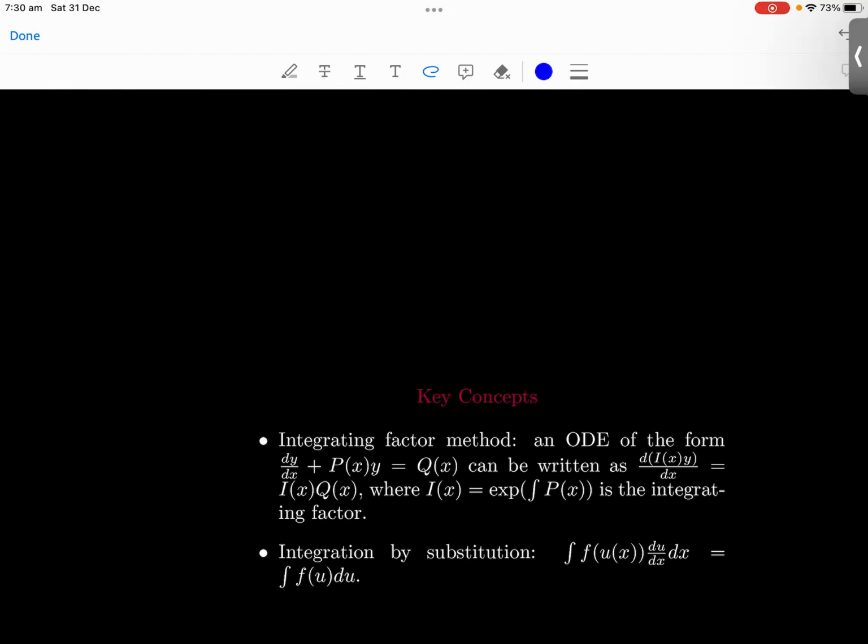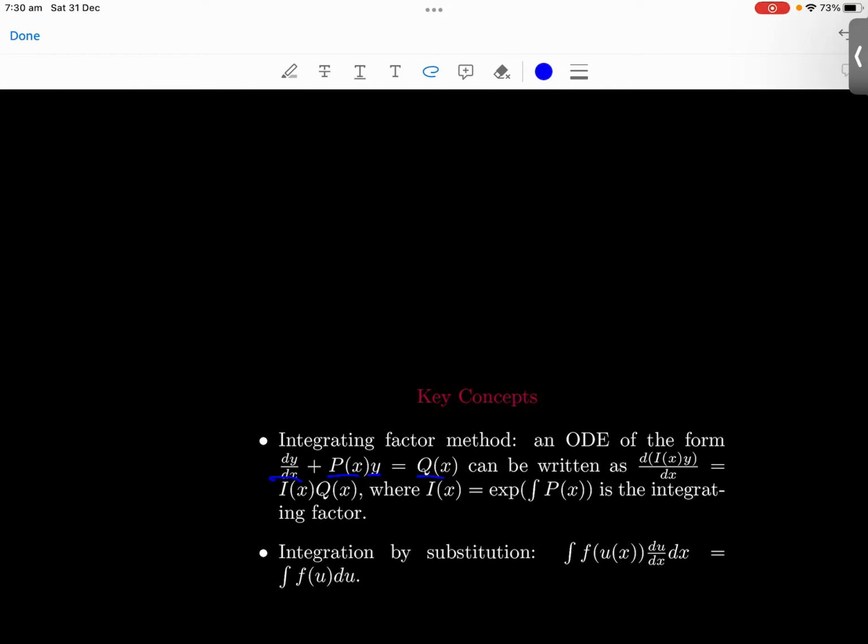Well, in order to apply the integrating factor method, first you have to write your ODE in standard form. So in this case, this is this down here. dy/dx plus some function of x times y equals some function of x.